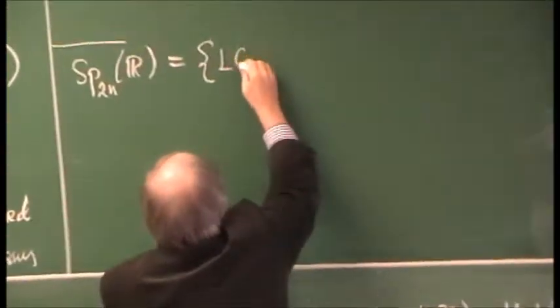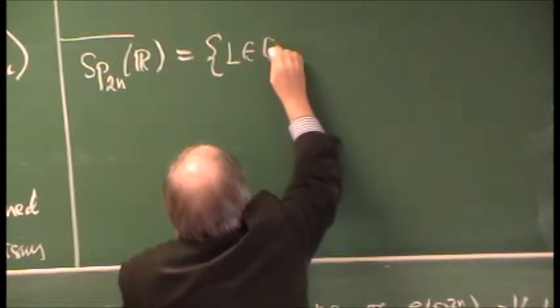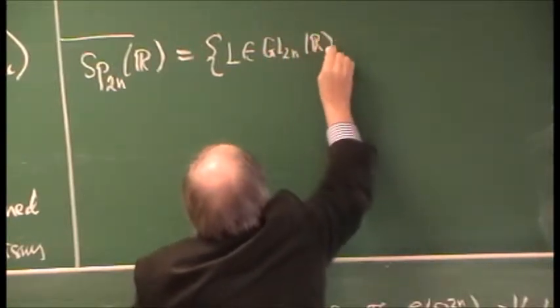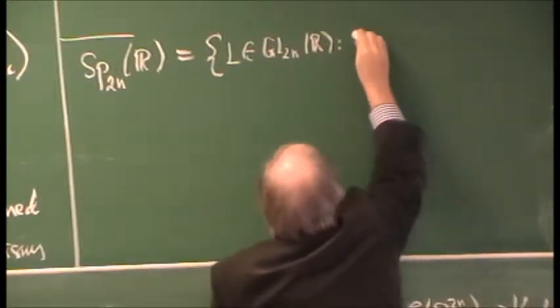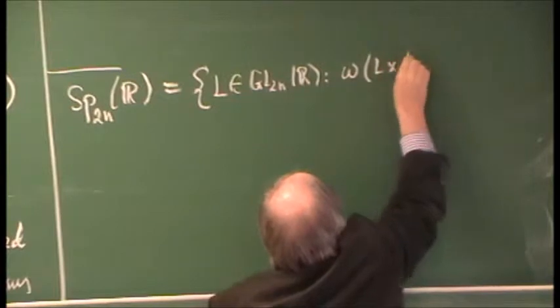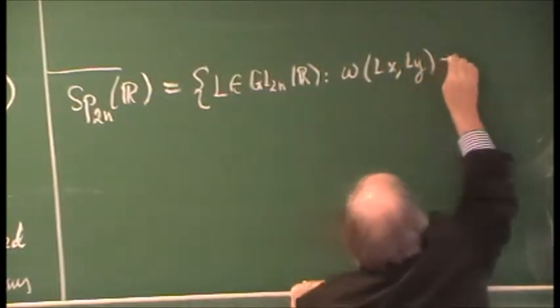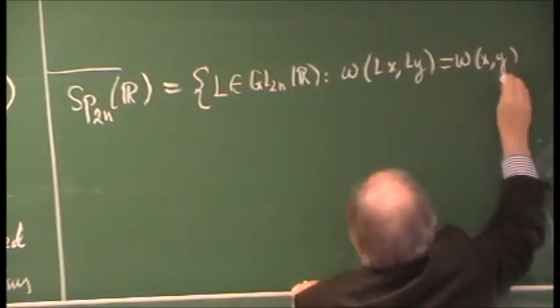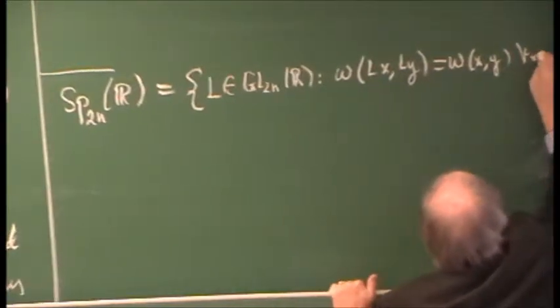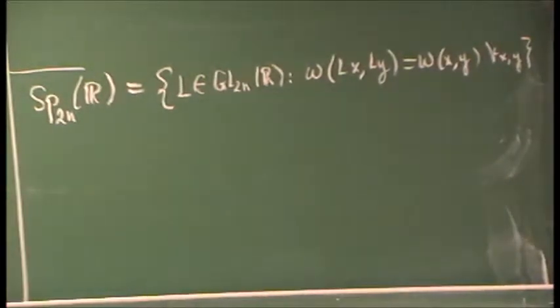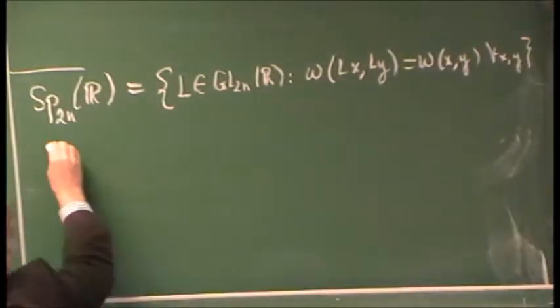The set of operators L in GL(2n, R) so that the symplectic form is preserved: omega(LX, LY) equals omega(X, Y) for all X. So that is the condition.